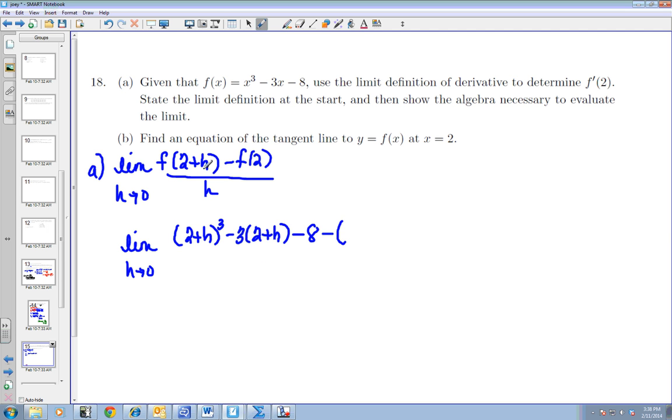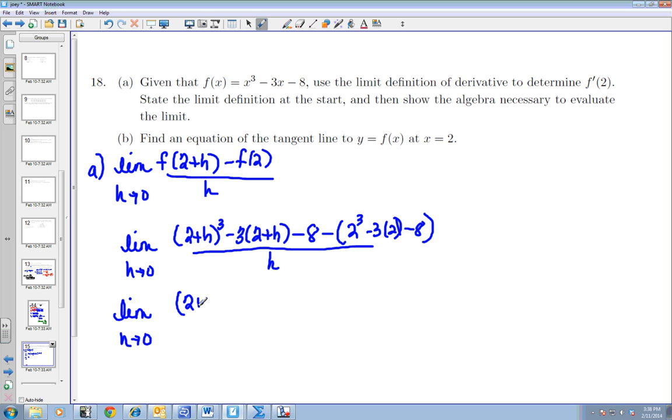minus, so I did this part, now I'm going to take f of 2, here's my f equation, and plug 2 in. 2 cubed minus 3 times 2 minus 8 all over h. So I have the limit as h approaches 0.